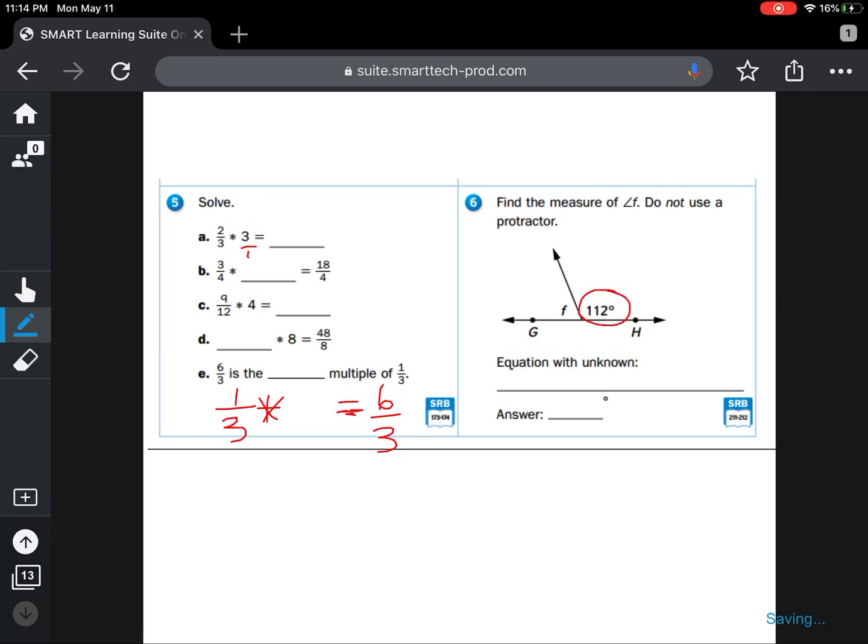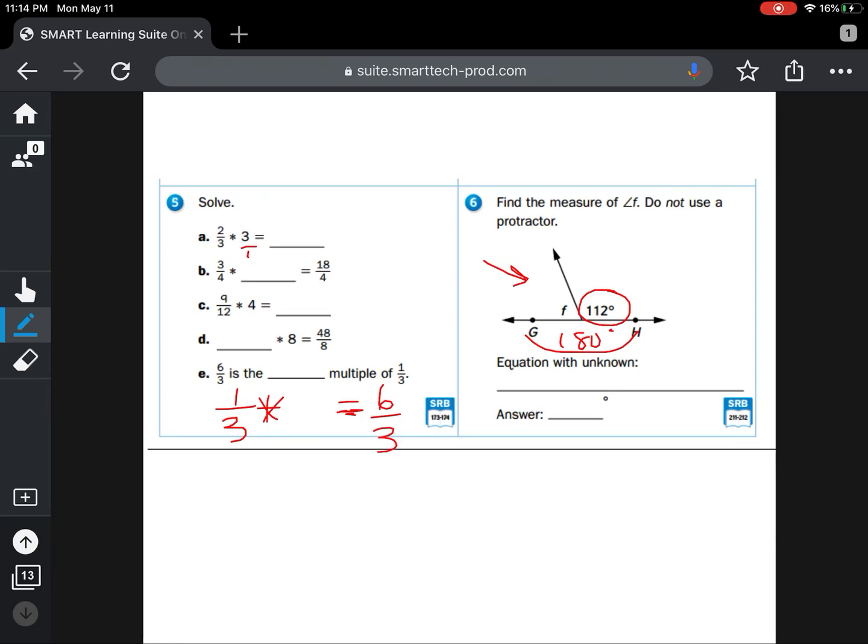Then they've given you the missing angle in there to the right. What they want you to do is figure out what F is. So if from G to H is 180 degrees, then this angle over here to the right is 112 degrees.